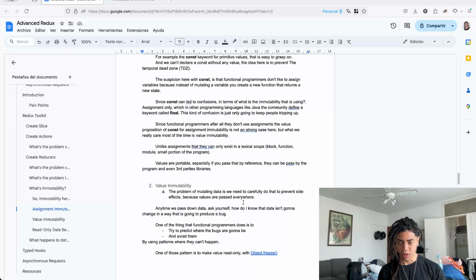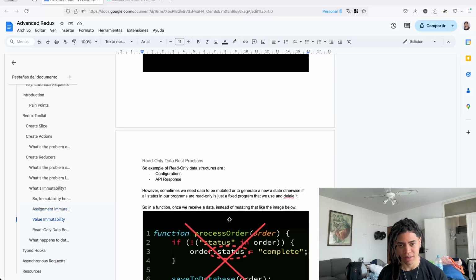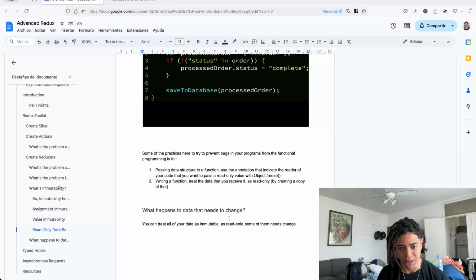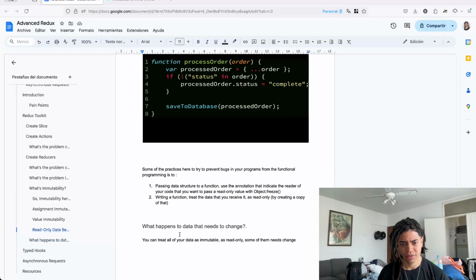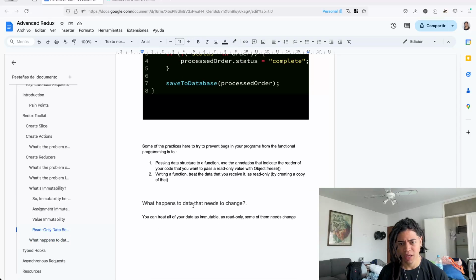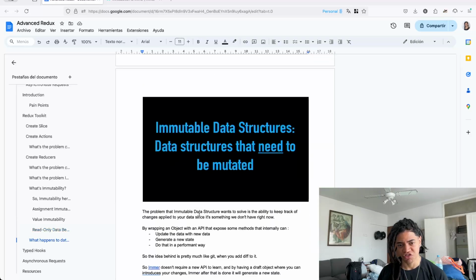So when it comes to dealing with immutable or mutable data, we need to know how we can make this work, and this is a very interesting topic that he mentioned, right? What happens to data that needs to change? You can treat all of your data as immutable, as read only, and some of it needs to change.